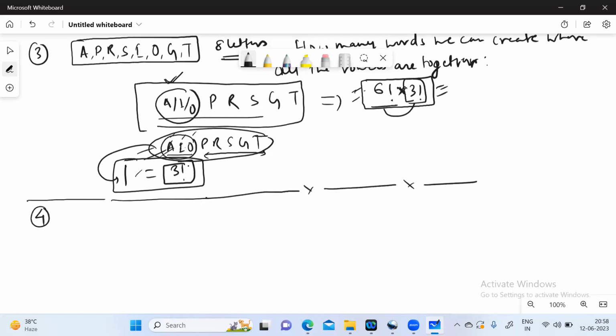So now we'll go for the next example, where we will try to distinguish where we need to use combination and where we need to use permutation.